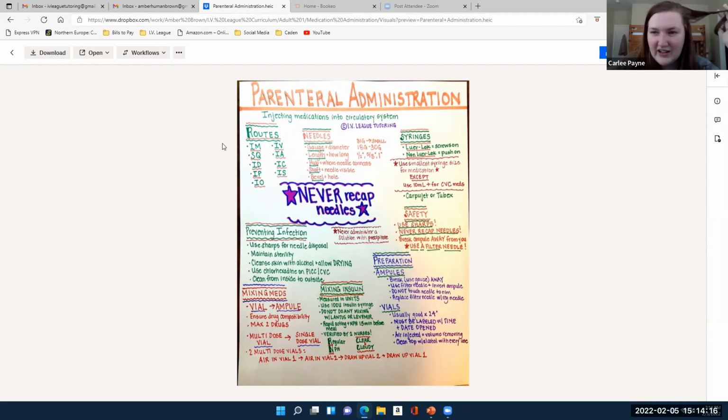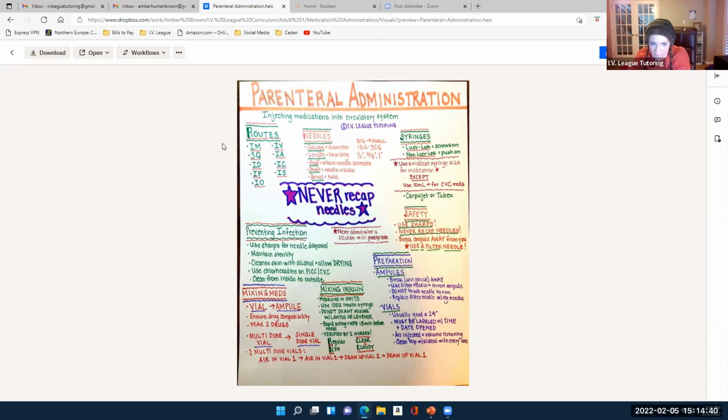IV, intravenous. IA, intraarterial. IC, intracardiac. Oh, yikes. IS, intraspinal. So there are lots of different ways that we can get it into the blood supply.